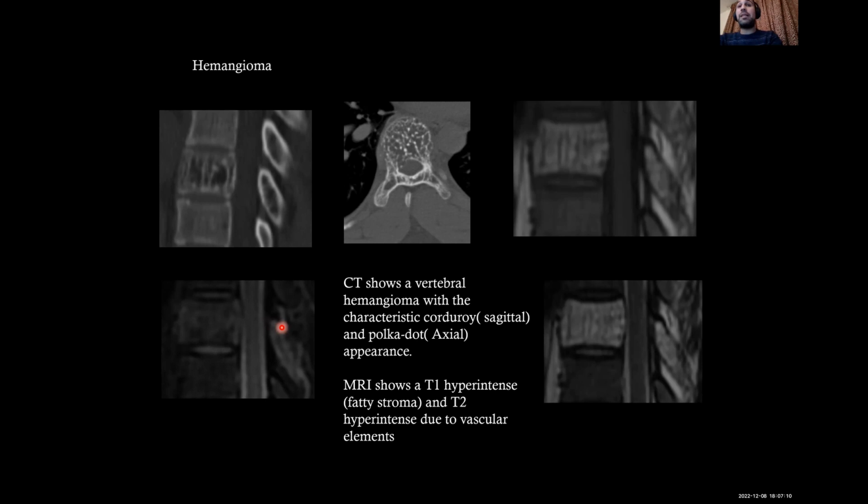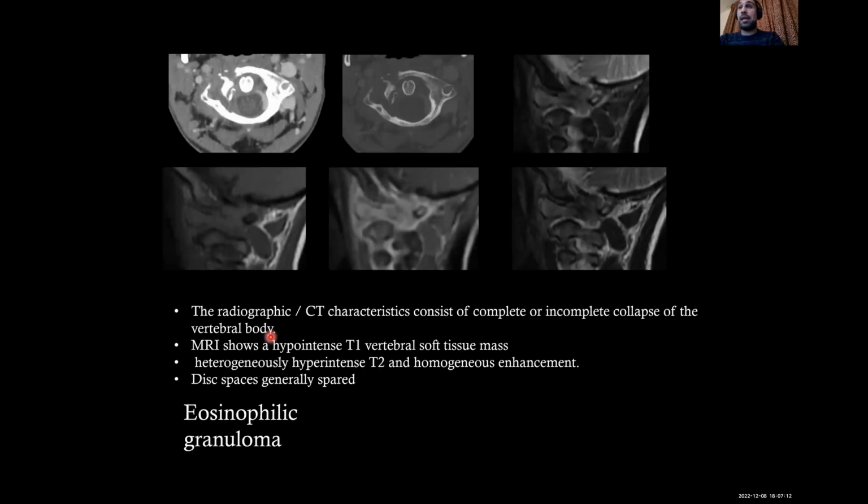And to differentiate neoplastic lesions from hemangioma, you have to do what's called in and out of phase. If it loses signal out of phase, this means that the patient is more likely to have hemangioma.